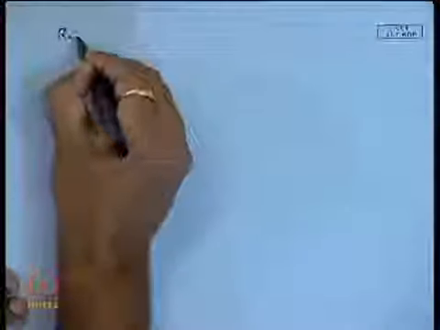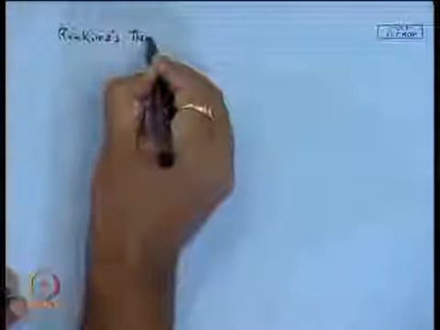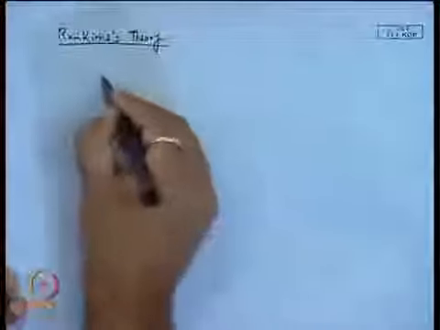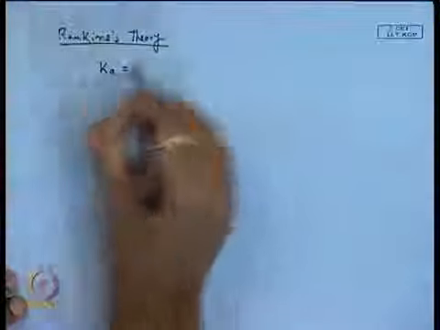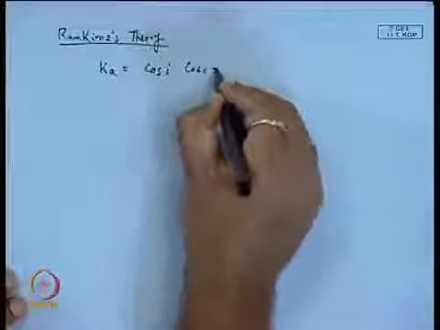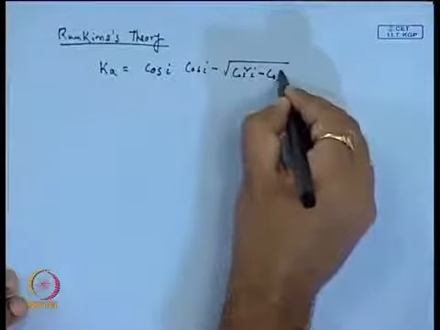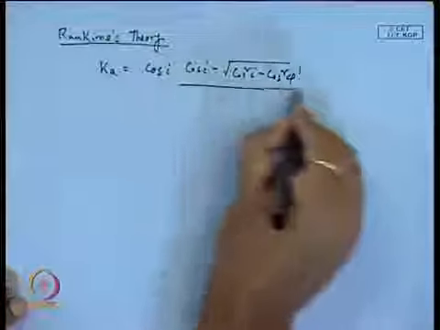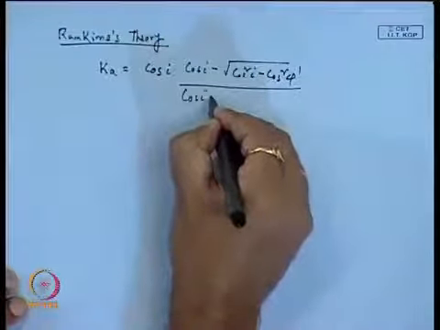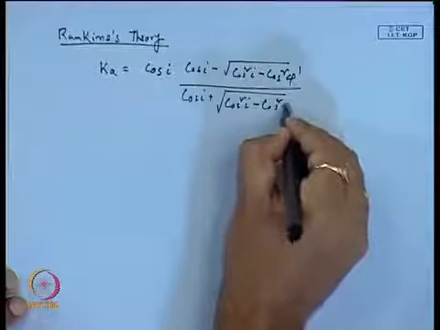So, if I use Rankine's theory, then K A is equal to cos I into cos I minus root over cos square I minus cos square phi dash, divided by cos I plus root over cos square I minus cos square phi dash.